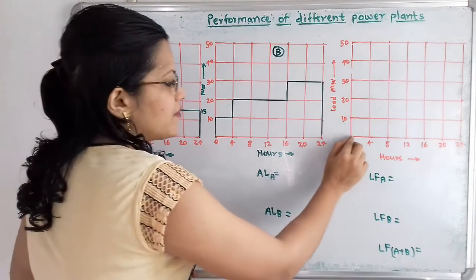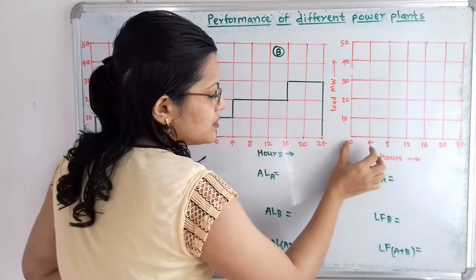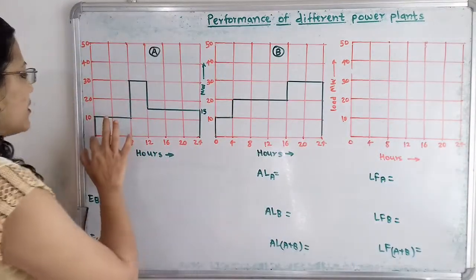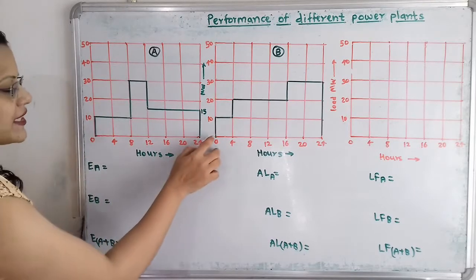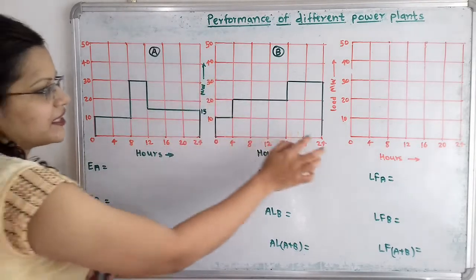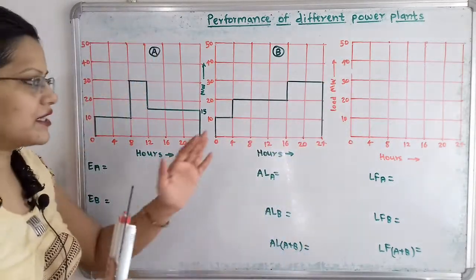In the same way we will plot one horizontal line and make the partition from 0, 4, 8, 12, 16 and so on. Here the load in megawatt is given, and the partition is for 10 megawatt, that is 10, 20, 30 and so on up to 50. In the same way we will make the vertical line.